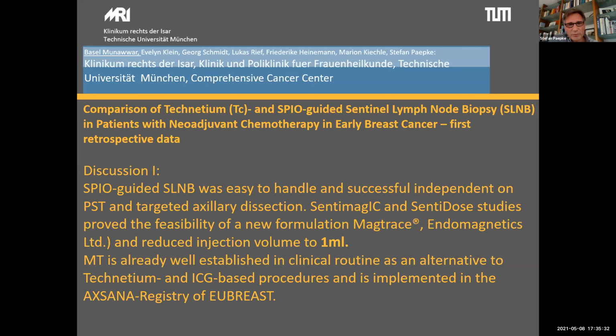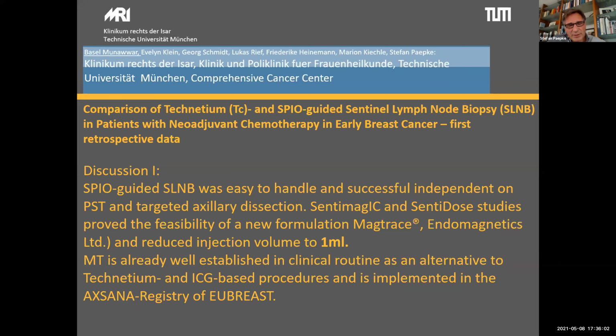It is feasible. What we have seen is that the reduction from 2 milliliters to 1 milliliter is absolutely effective. In all the comparisons I have seen, in our summary, Magtrace is already well established in our clinical routine in our group as an alternative to technetium-based procedures.